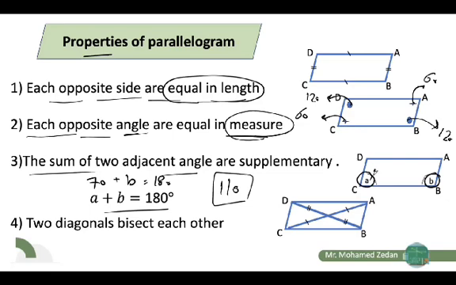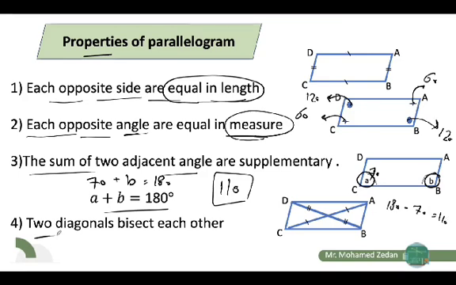Look, if angle A equals 70 degrees, I will say 180 minus 70 equals 110. If angle A equals 80 degrees, that means angle B equals, excellent, 100. Why? Because 80 plus 100 equals 180.